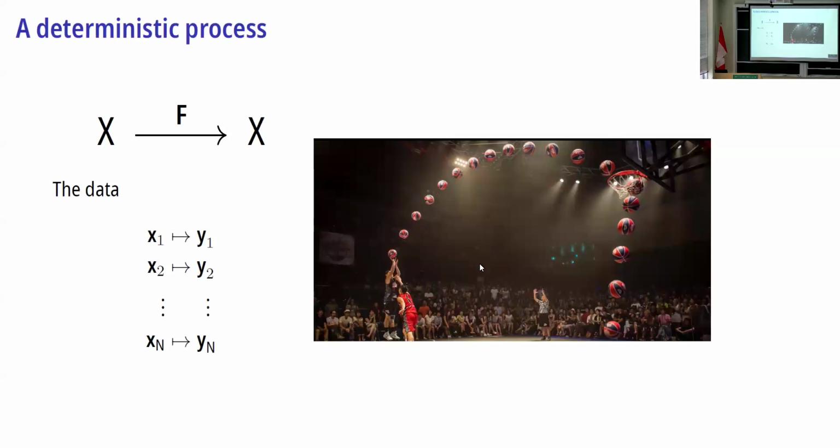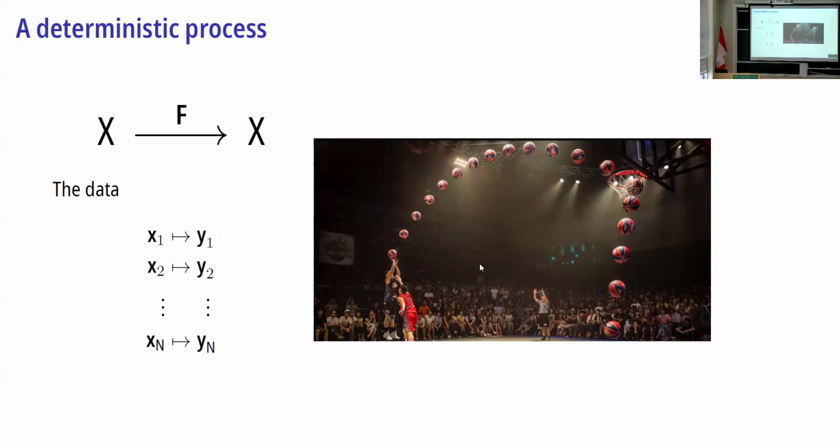So I assume a deterministic process. That just simply means that there is some underlying map that we don't know, and that brings initial conditions to some predictions. We have lots of initial conditions and lots of predictions, exactly capital N of them, so that x1 is mapped to y1, x2 to y2, and so on.